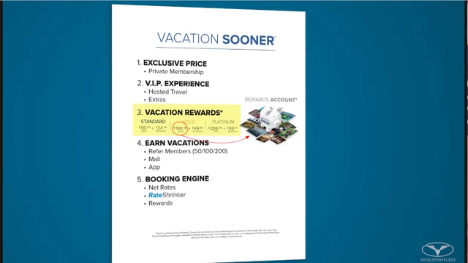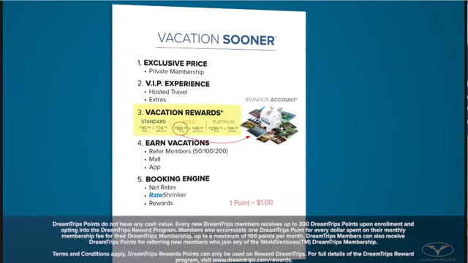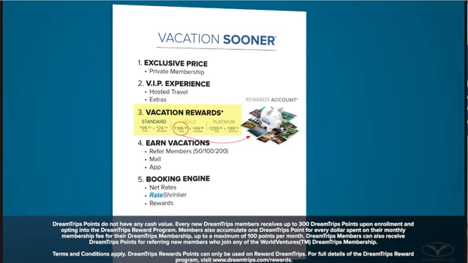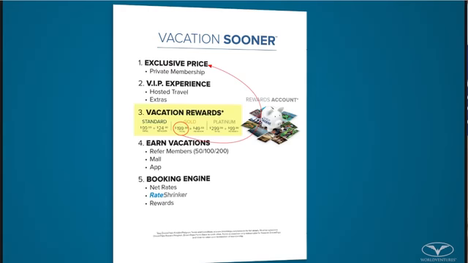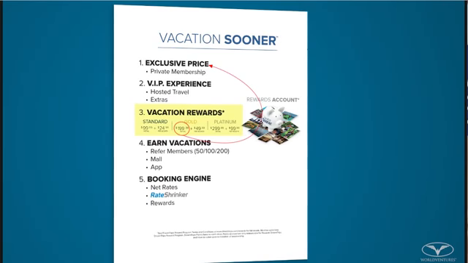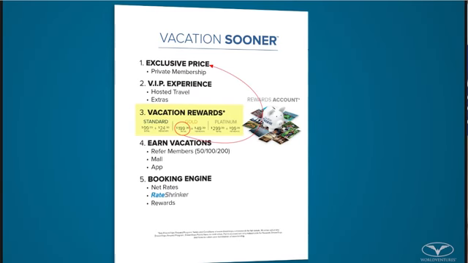In that rewards account, 1 point and $1 are the same. So you have 200 reward points in here. Those reward points can be reapplied back towards the price, which lowers the price even more. Each trip has specific reward points that can be used on it. They're all different, but the point is you get to reuse your membership money again on taking additional vacations.